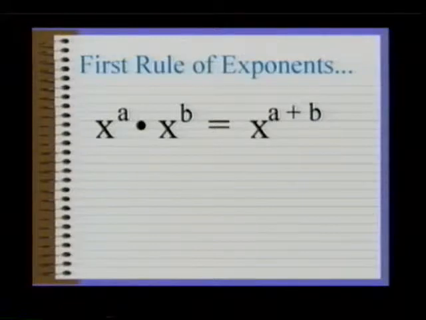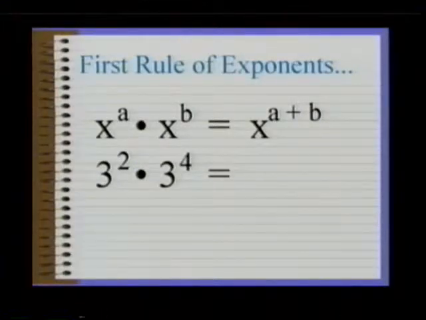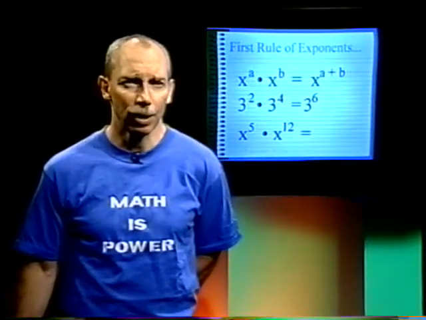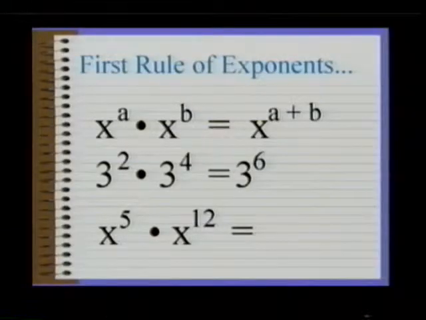Like we just saw, 3 to the 2nd times 3 to the 4th is 3 to the 2 plus 4, or 6, rather than writing out all those 3's. It's kind of a shortcut. Okay? Another example, you wouldn't want to be writing out 12 x's or 5 x's for that matter, so we can easily calculate this using our first rule as x to the 17th.